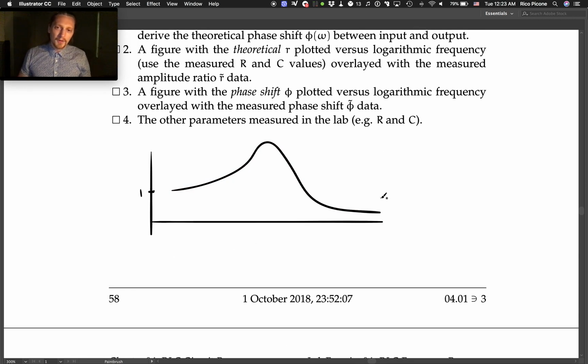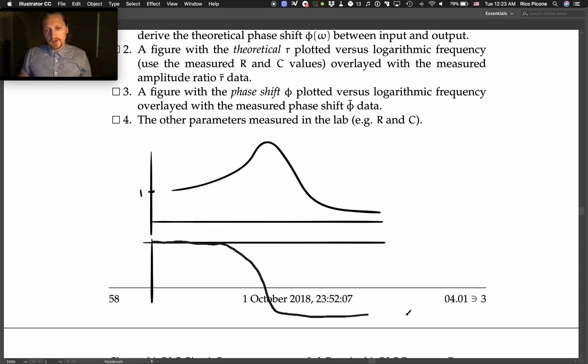And then your phase, so I'm just going to draw it right below. Your phase shift is going to start off at 0. It's going to go through a transition and go to about negative 180 degrees, negative pi.